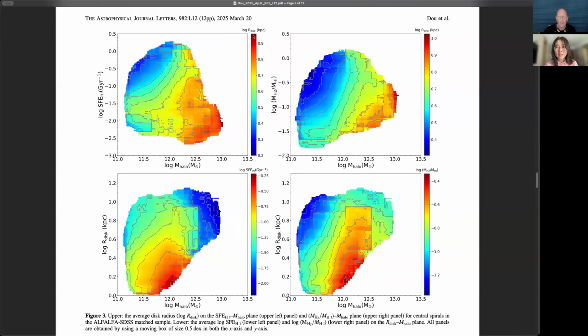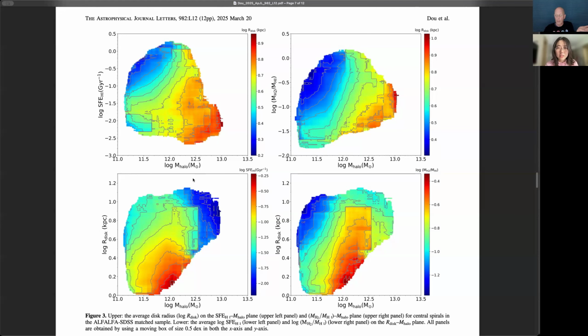So in figure 3, we use the disk size as a proxy for the halo property. And in the other two panels, we show the star formation efficiency and the H2 to H1 ratio as a function of halo mass, and the color coding is the disk size. We can see that at a given halo mass, both the H1-based SFE and the H2 to H1 ratio are correlated with the disk size.